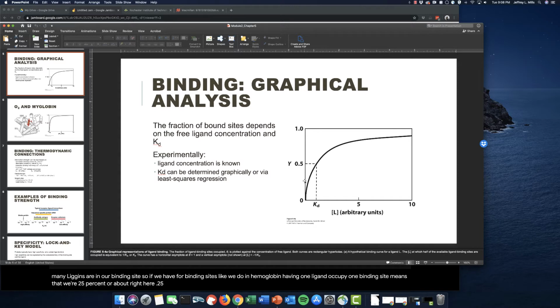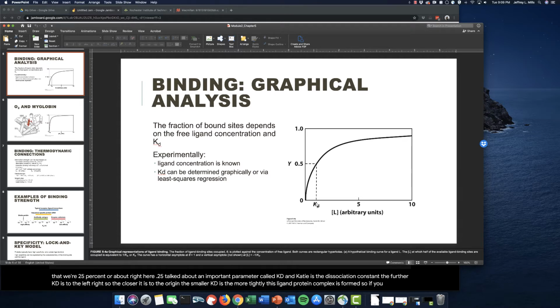We also talked about an important parameter called KD, and KD is the dissociation constant. The further KD is to the left, so the closer it is to the origin, the smaller KD is, and the more tightly this ligand protein complex is formed.